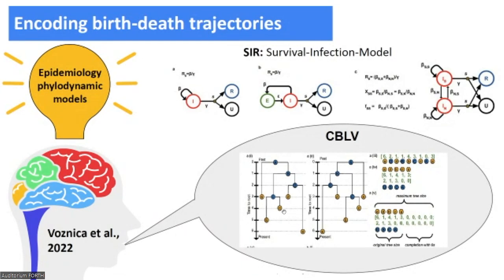Once we did that, we needed a form of optimal input for our neural networks. So I'm not going to explain this again. I think that you have heard it enough. At first, Voznica and collaborators in 2022 developed this representation for non-ultrametric trees.